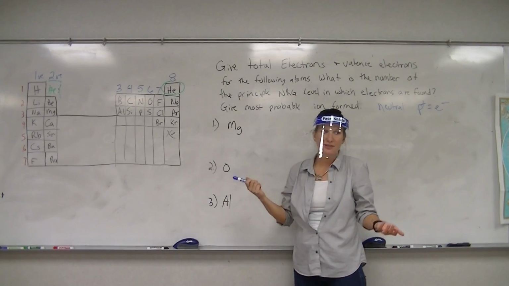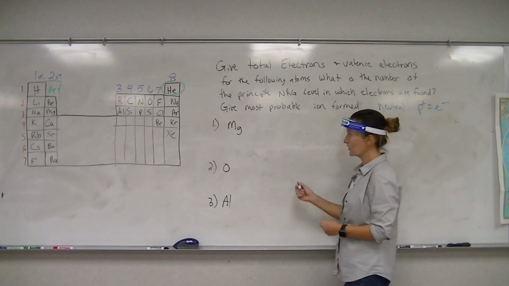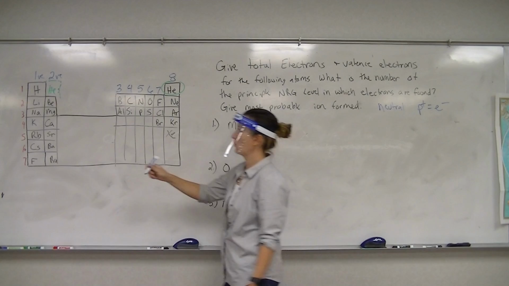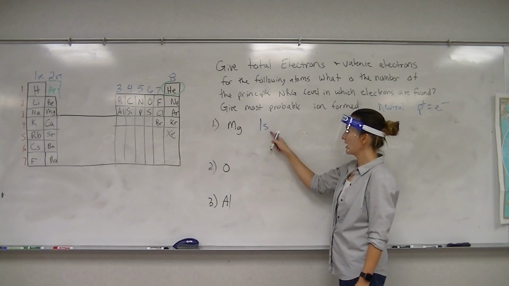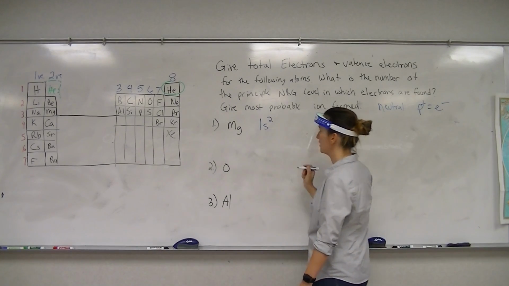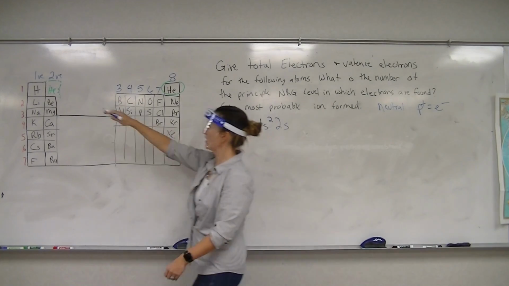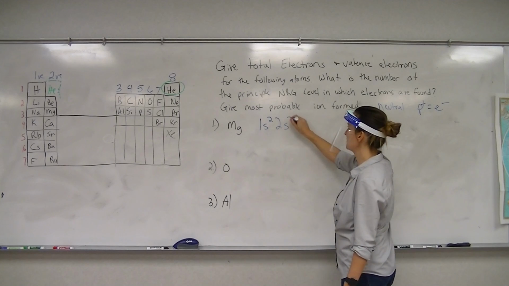And just for practice, let's do the electron configuration for these. When we do electron configuration, we always start at the 1s, where hydrogen is. It's like a map going from left to right. 1s, what's the max that can fit in the s? 2. And then we move to what period? 2s is next, because we're done with row 1, so then we go to row 2. 2s, 2 is the max.